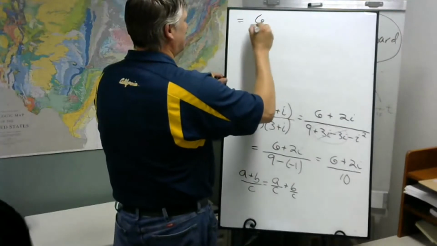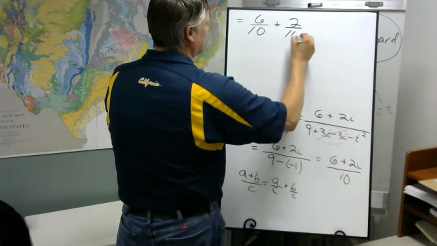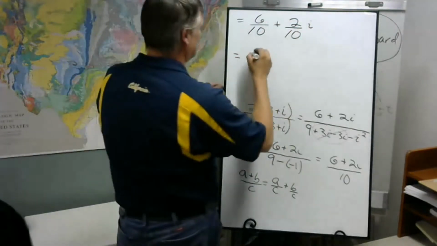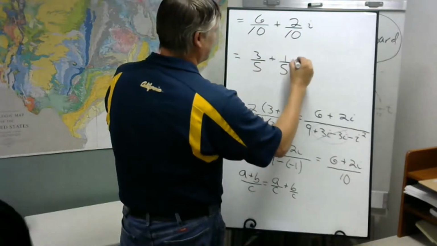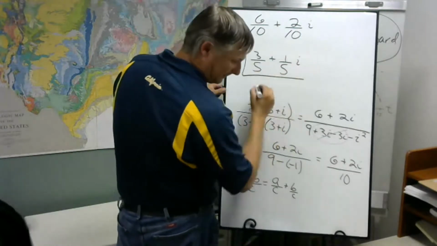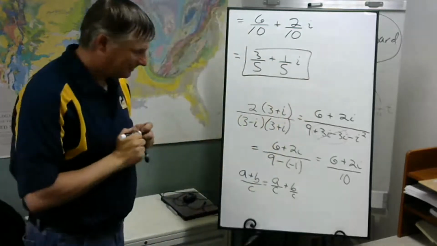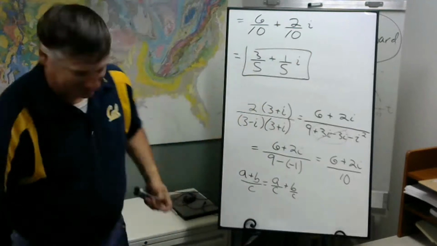So 6/10 plus 2/10 i. And then we reduce this, 3/5 plus 1/5 i. And that's it. Let me do one more.